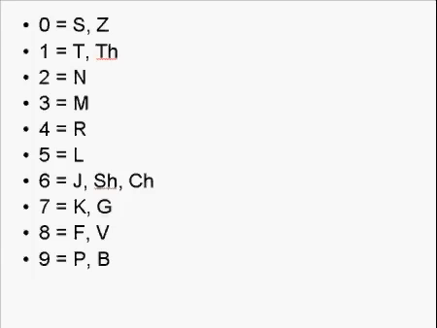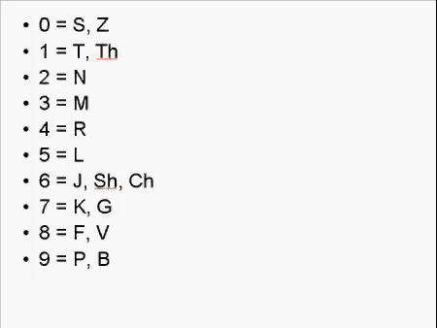M has 3 main downstrokes. R for 4. R is the last letter in the word four. So those are just a few little hints for those 3. But otherwise you'll have to come up with your own ways of remembering the other codes.